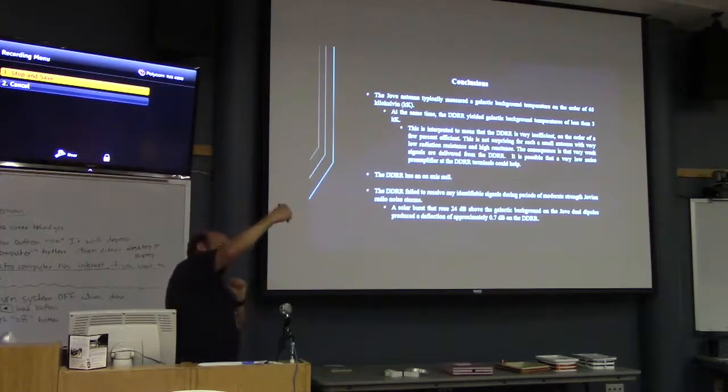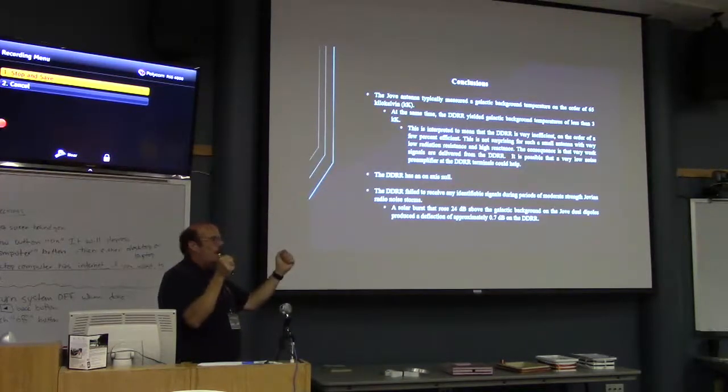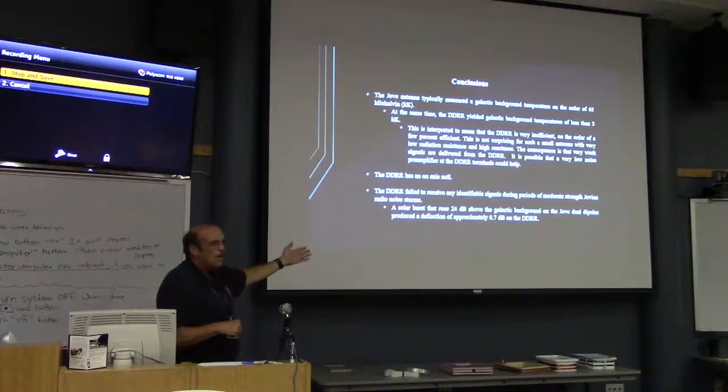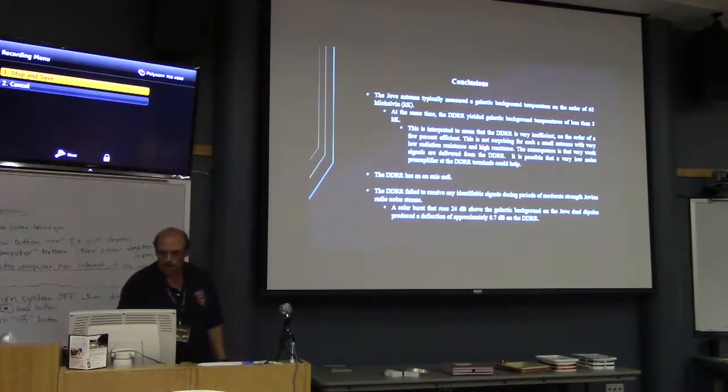Had they turned it this way, they might have stood a ghost of a chance, but holding it this way, there was no way this thing was going to ever work. The rest of the numbers are pretty well self-explanatory. We get a solar burst 24 dB above galactic background, and the only thing we could find on the DDRR was a 0.7 dB rise against the galactic background.